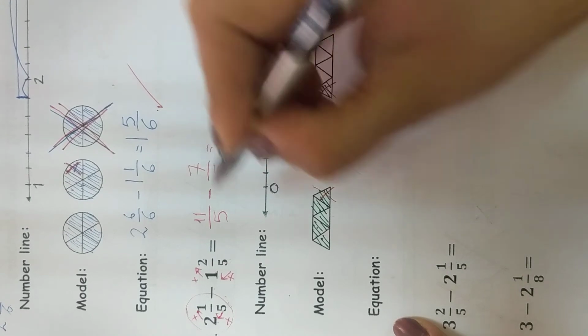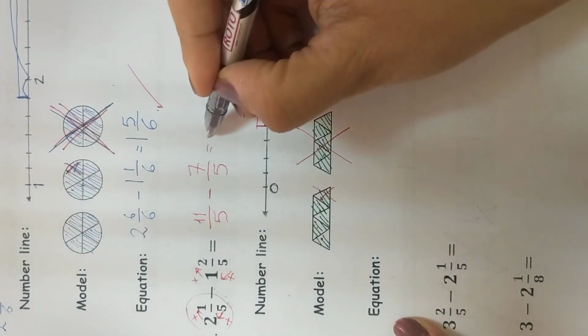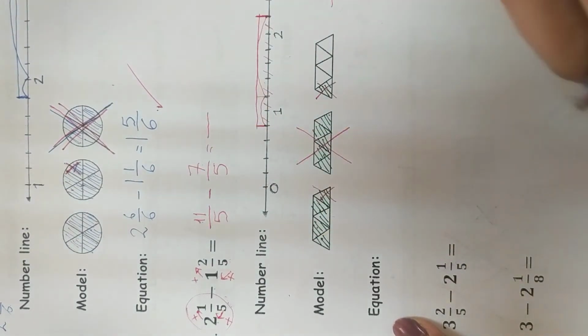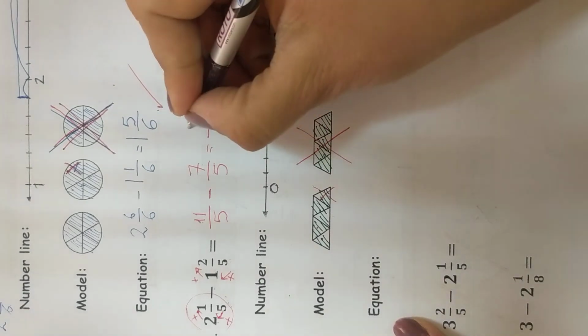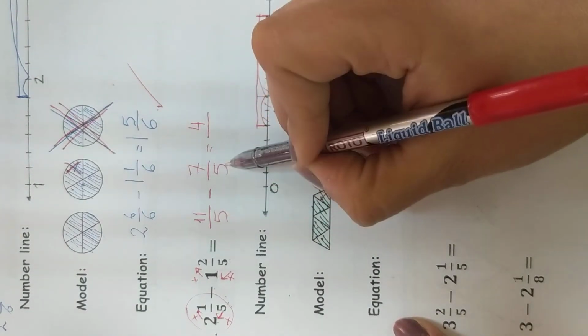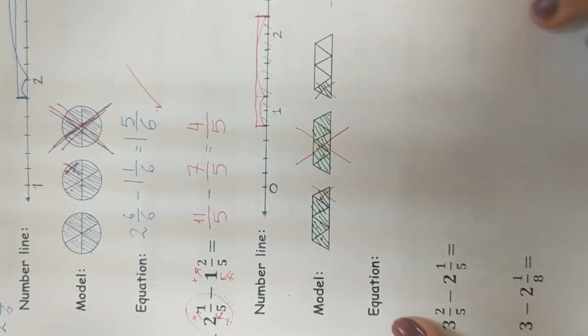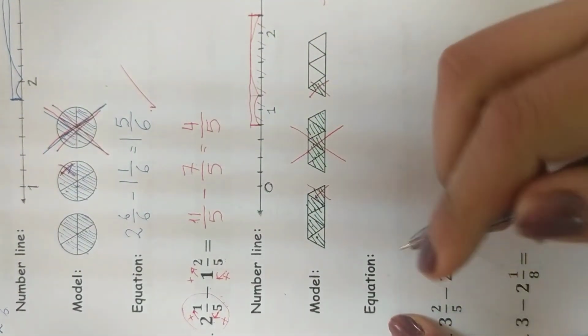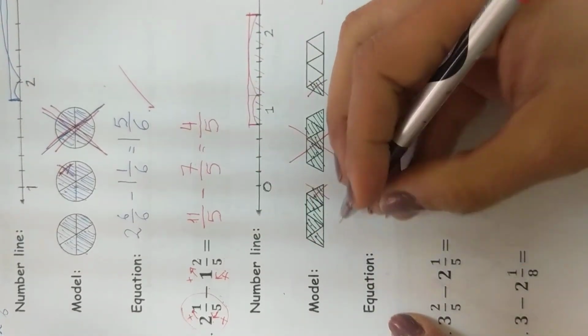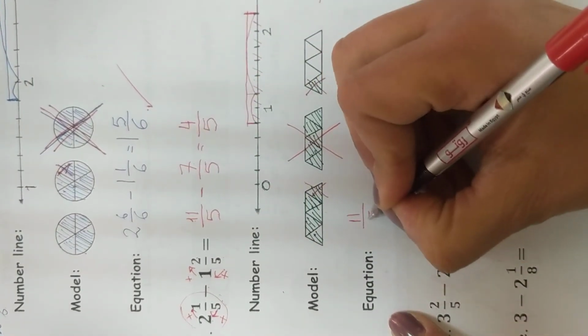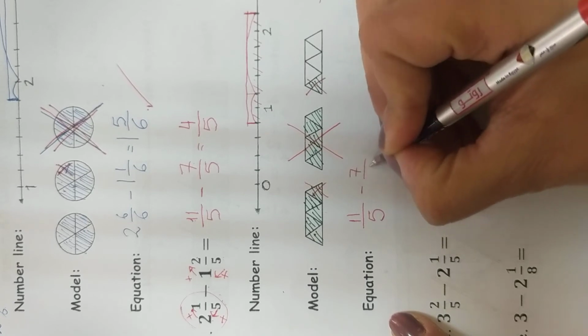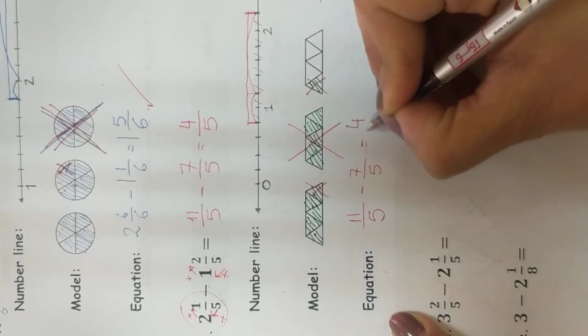So when I subtract 7 from 11, the answer will be, after 7, 8, 9, 10, 11, the answer will be 4, and 5 will remain the same, 4 over 5. Okay, this is how we do the equation, so I will copy this here. 11 over 5 minus 7 over 5, the answer will be 4 over 5.